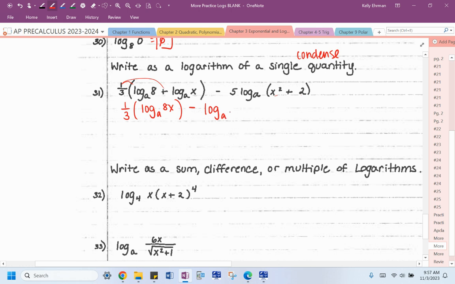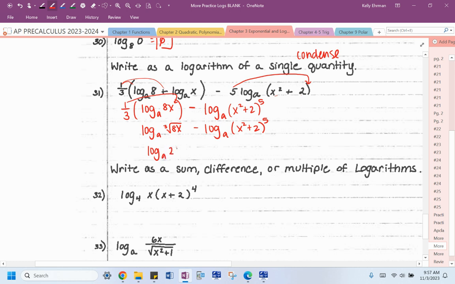So I am going to make this 5 an exponent. So x squared plus 2 to the 5th is inside of this logarithm. And then this 1/3 should go on the 8x. So log base A of the cube root of 8x minus log base A of x squared plus 2 to the 5th. Cube root of 8x simplifies a little bit.